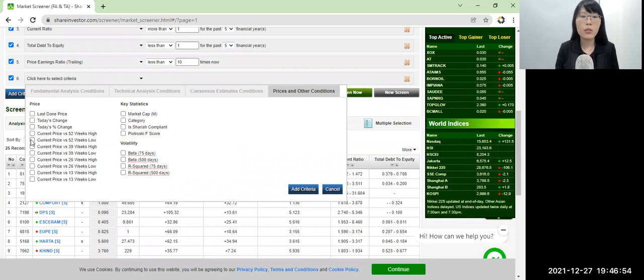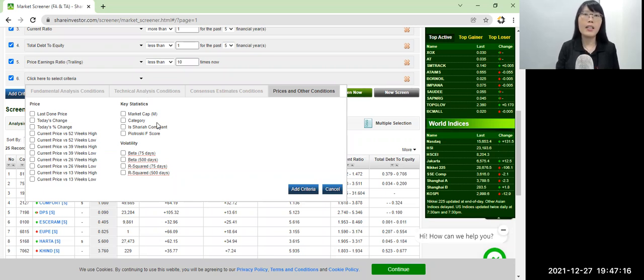For example, you can choose current price versus 52 weeks high, or market cap, beta, current price versus 52 weeks low, last time price, today change, and so on.